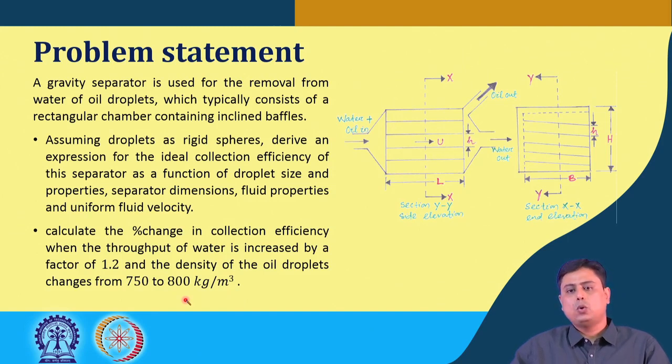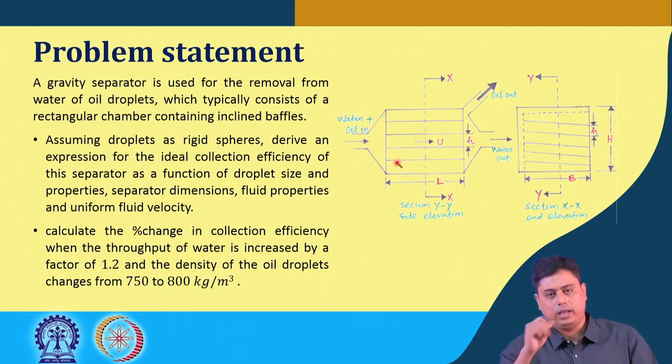So this is the overall problem. First of all, let us again understand the mechanism of this gravity separator. Oil and water come in, and again the oils are droplets suspended in water. As it comes in and goes inside the rectangular chamber, it consists of these inclined baffles.